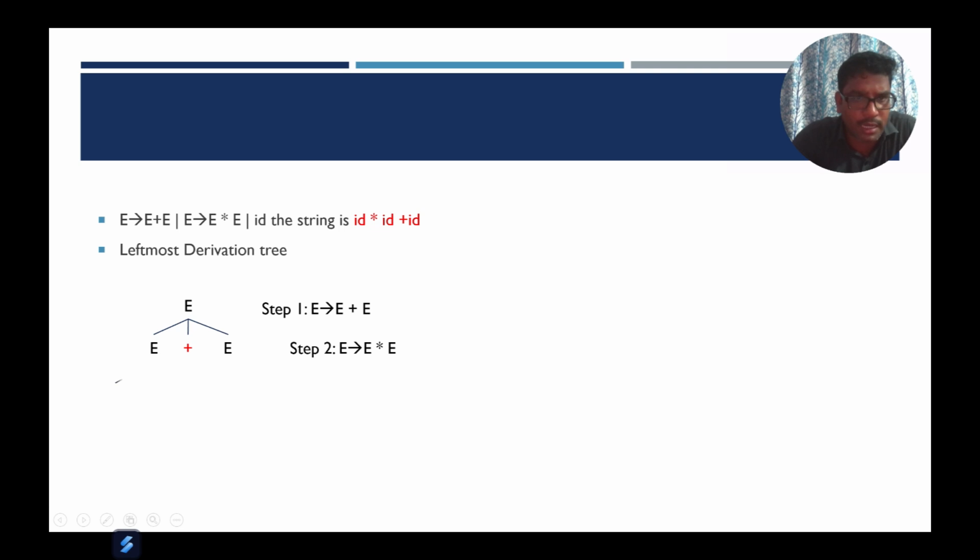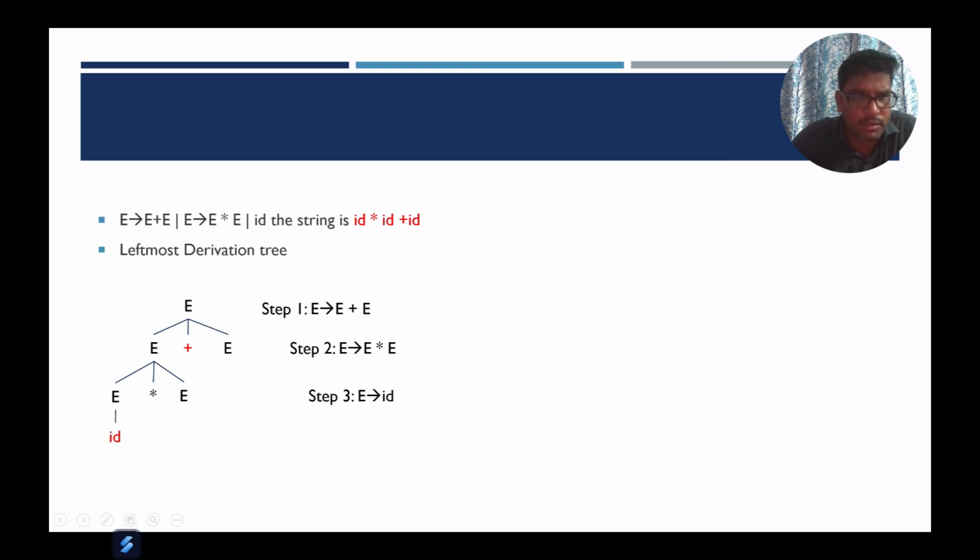So E tends to E star E. In step 3, I am going to substitute E tends to ID. ID is a terminal here. So in the part of E left hand side, for this production, this is the left hand side. So here I am going to substitute the ID.